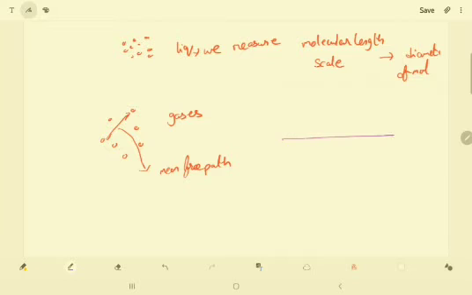Consider a pipe of diameter d. If this is a particle at this stage, and we need to move it to somewhere at this point, its mean free path is Lm.